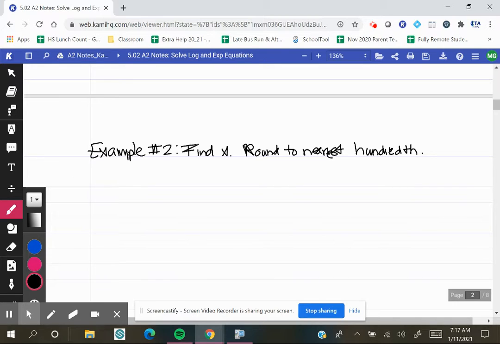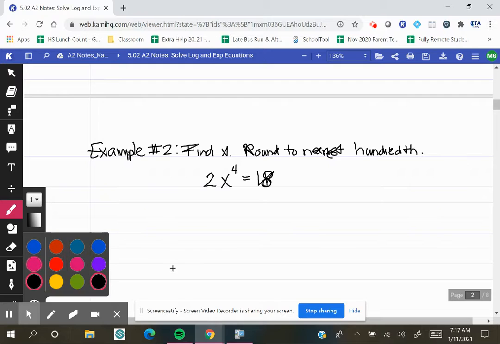All right, so for this one, the equation is 2 times x to the 4th equals 18. All right, so now, same thing here.